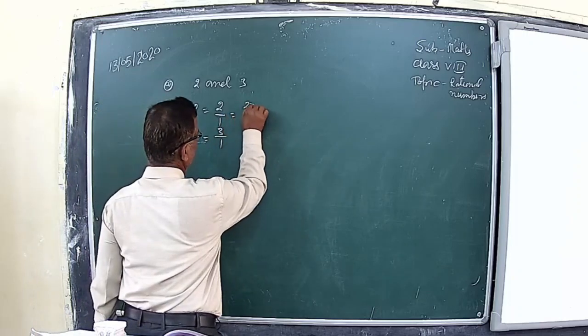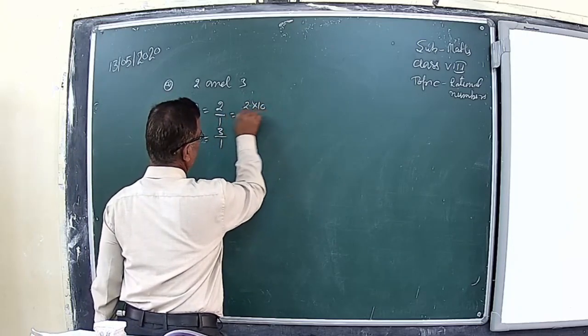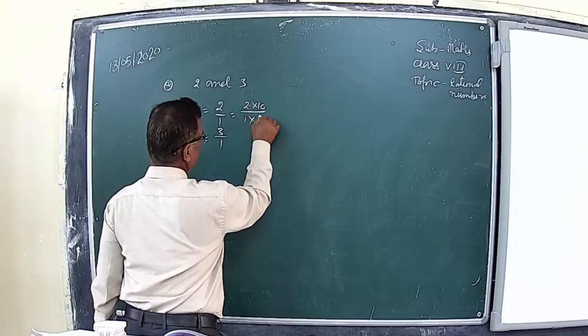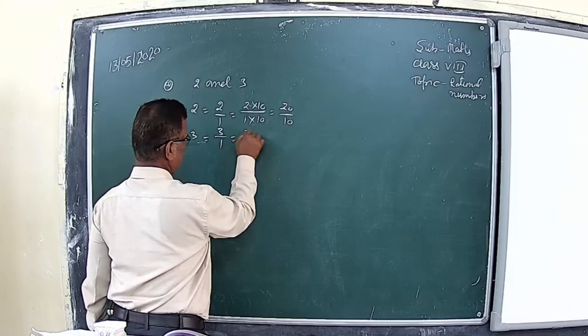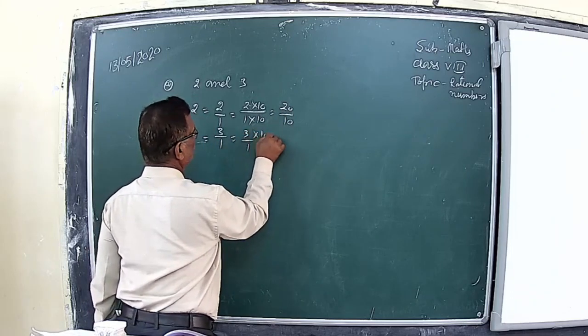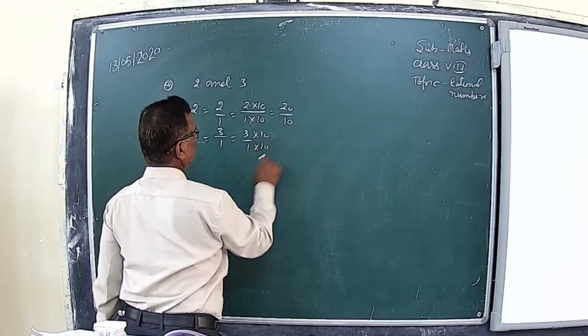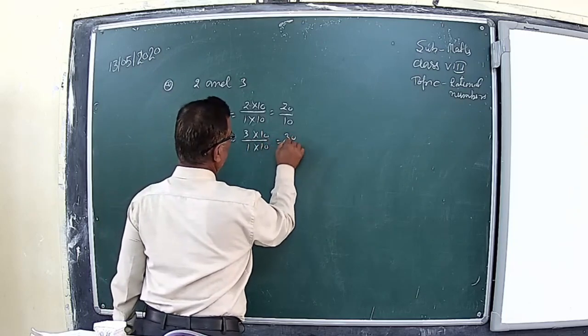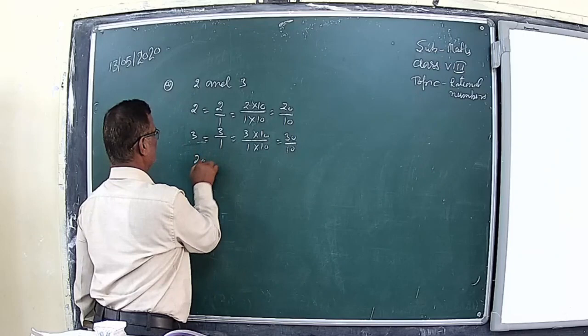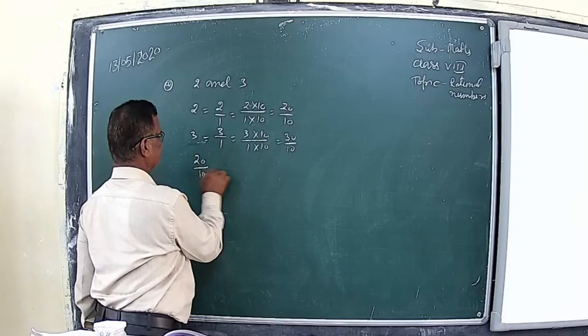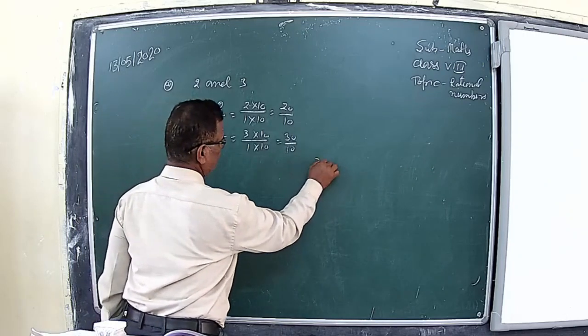Multiply by 10 with numerator and denominator: 2 into 10 over 1 into 10 is 20 by 10, and 3 into 10 over 1 into 10 is equal to 30 by 10. Now your rational numbers are 20 by 10 and 30 by 10.